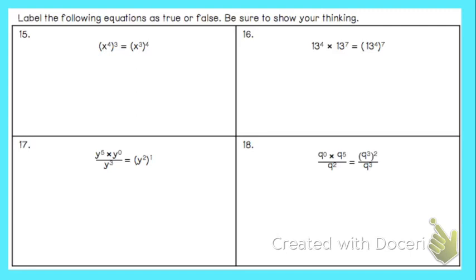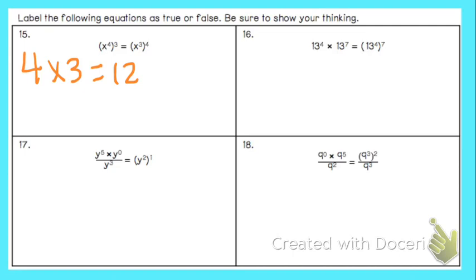So for example, on number 15, you would say x to the 4th power raised to the 3rd power equals x cubed raised to the 4th power. So I'm going to multiply 4 times 3. 4 times 3 is going to give me 12.